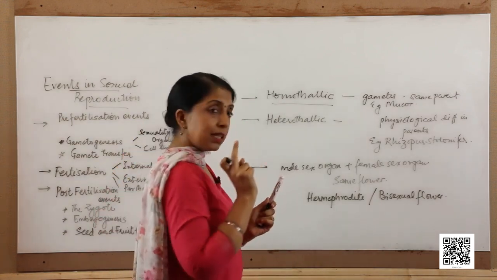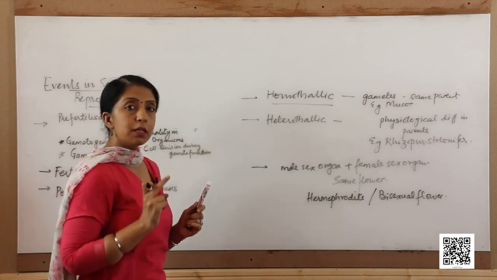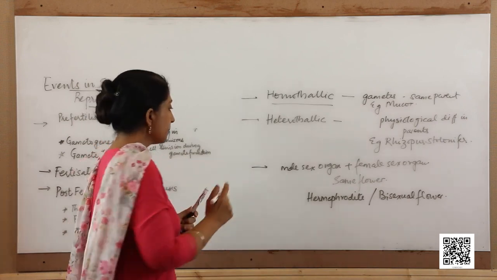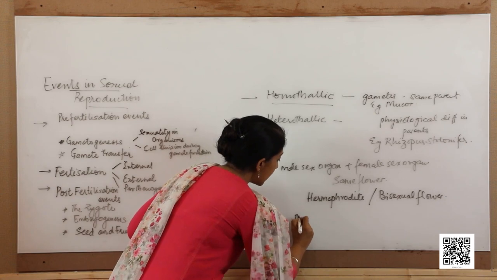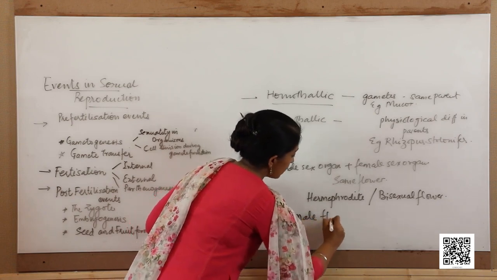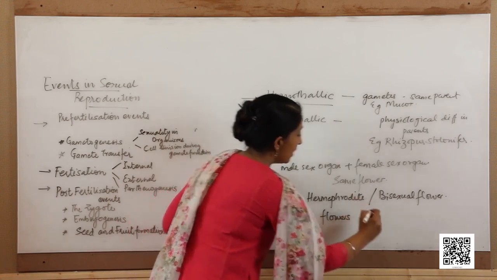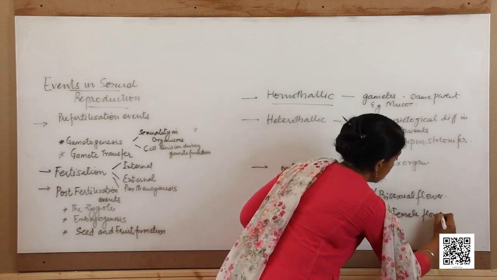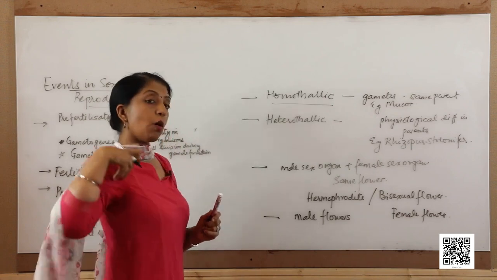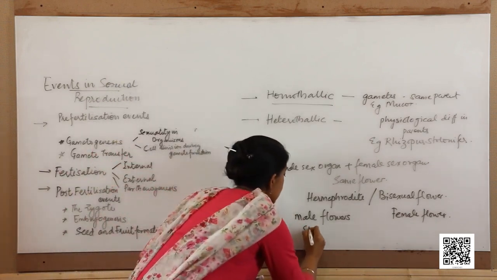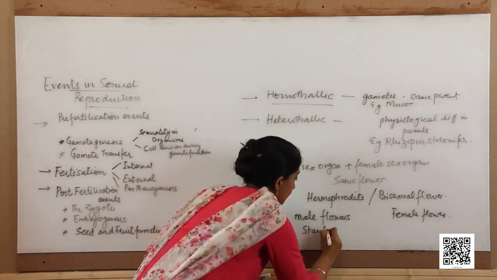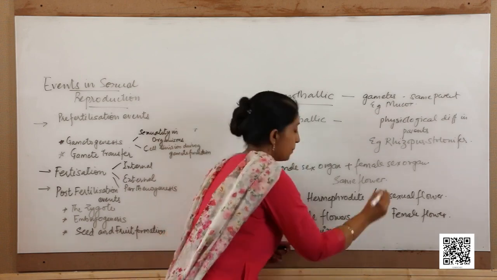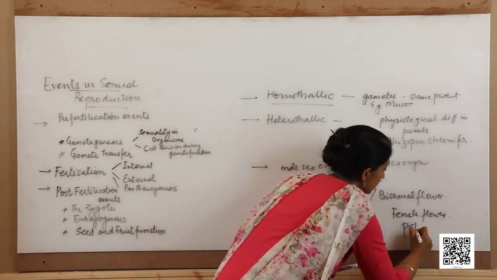Now, among the plants, there are certain individuals in which there are distinct male flowers and female flowers. These male flowers are also referred to as staminate and the female flowers as pistillate.